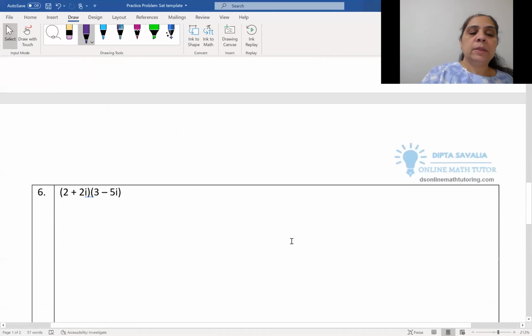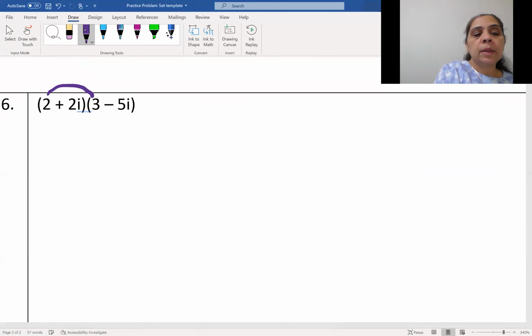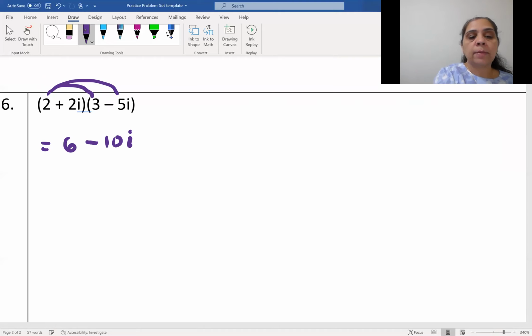All right. Then we have multiplication of complex numbers. It's exactly the same as with polynomials. We will use the FOIL method, or you can say the distributive property. I will take 2 first and distribute. 2 times 3 is 6. 2 times negative 5i is negative 10i.